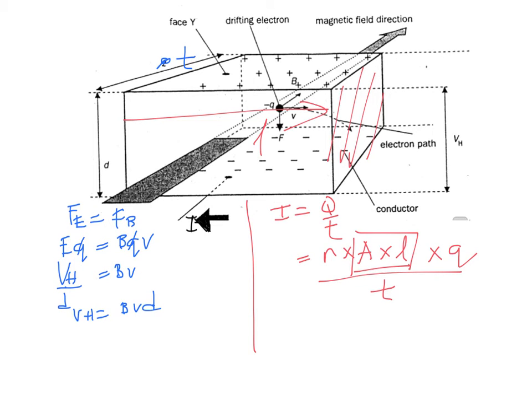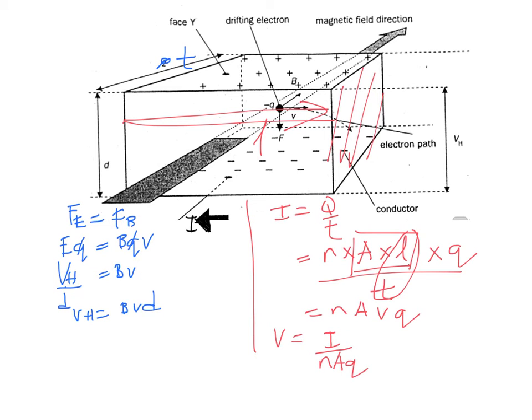If you combine the L over T together, which is the distance traveled per unit time, you get I equals NAVQ. This V is called the drift velocity, or speed V, and incidentally this speed is the same speed as here. So now we can substitute for V. Let's make V the subject: V equals I divided by NAQ.